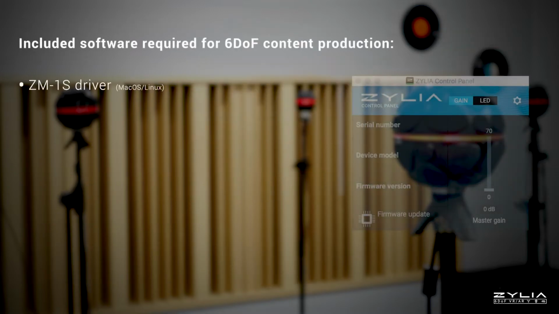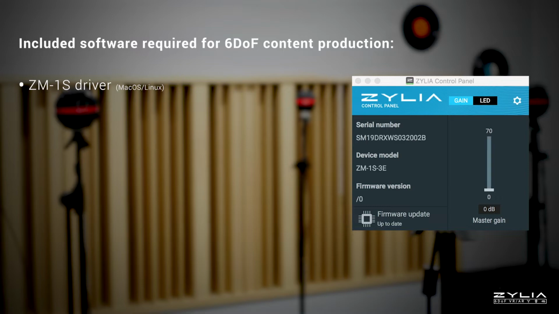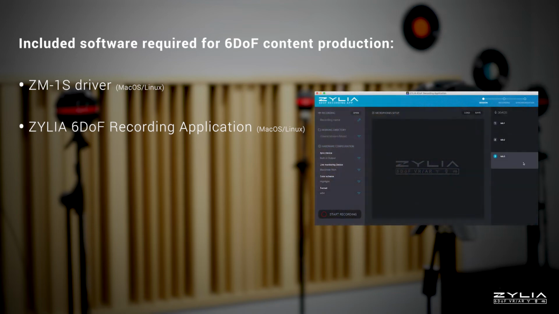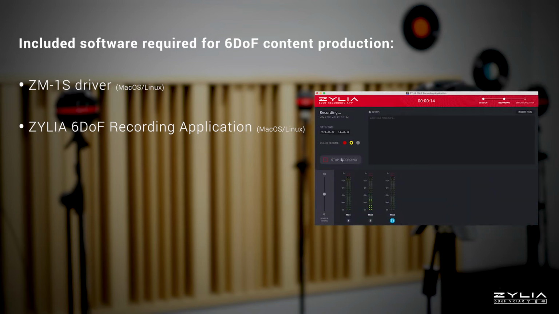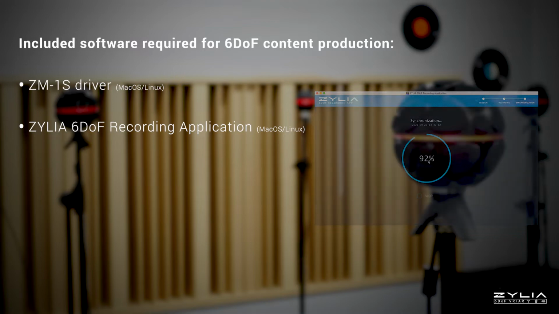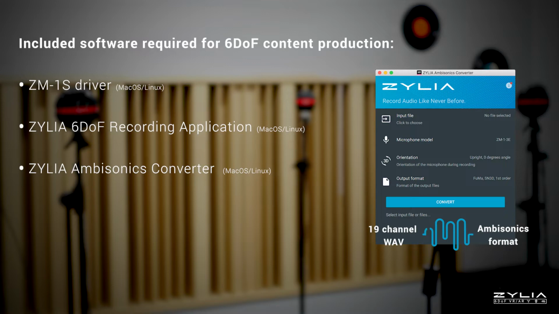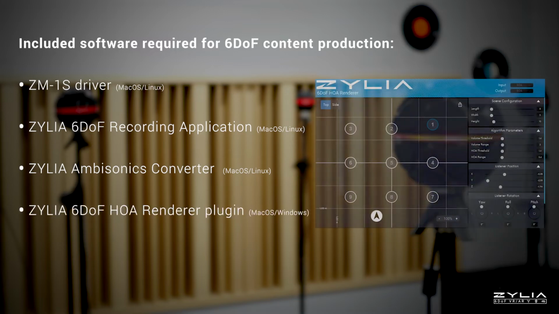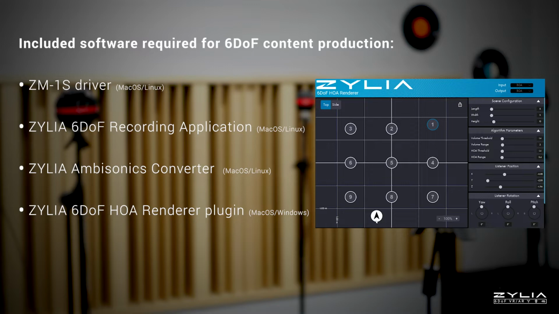That is, the ZYLIA ZM1S driver, allowing your system to detect the ZM1S microphone array, the ZYLIA 6 Degrees of Freedom recording application, which allows the user to record with multiple ZM1S arrays and synchronize them after recording, the ZYLIA Ambisonics converter to convert the recorded files to Ambisonics domain, later to be used with ZYLIA 6 Degrees of Freedom renderer plugin, and the ZYLIA 6 Degrees of Freedom renderer plugin for Max MSP or WIs, used for real-time playback of interpolated ambisonic spheres. We will cover this in a later chapter.